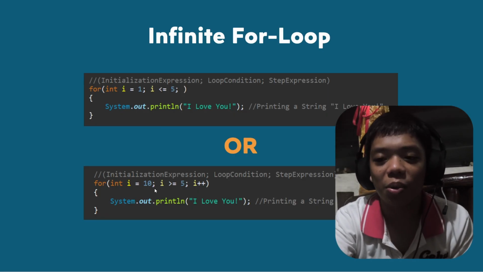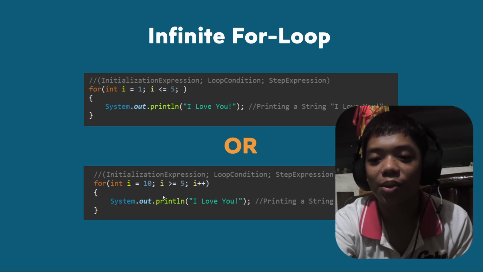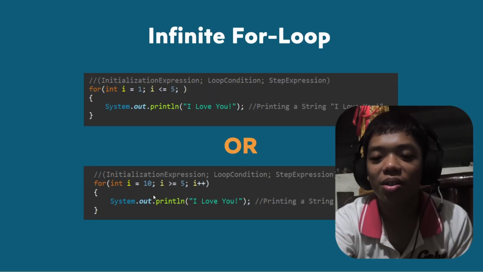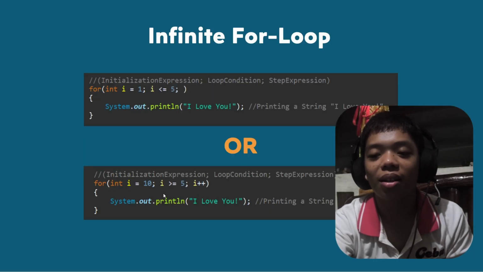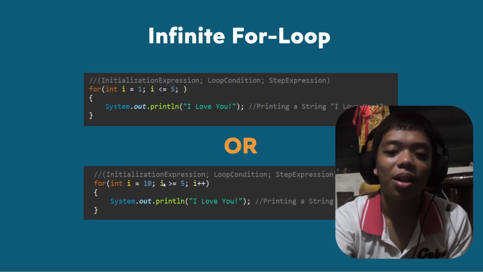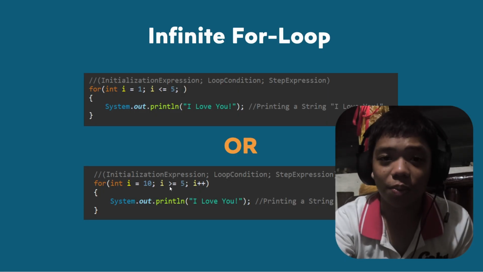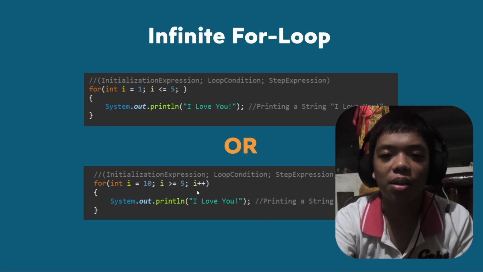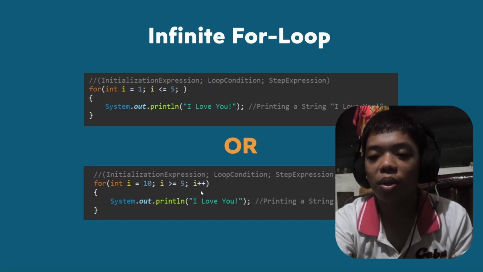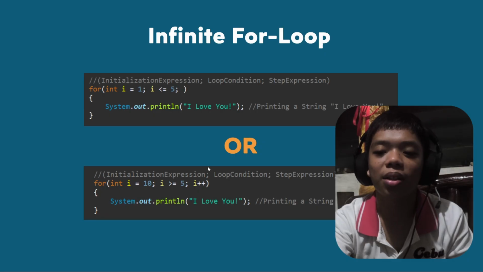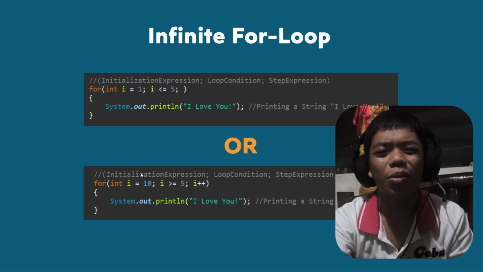And what about this one? As you can see, we have declared a variable i equals 10, and we're telling our program that the loop condition of this for loop is i is greater than or equal to 5, meaning 10 is greater than or equal to 5, which is true. But if we check the update, or the step expression, it adds a value to the variable i, meaning the next update will make i equal 11.